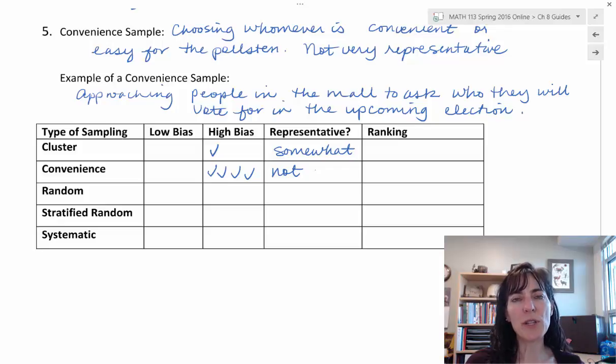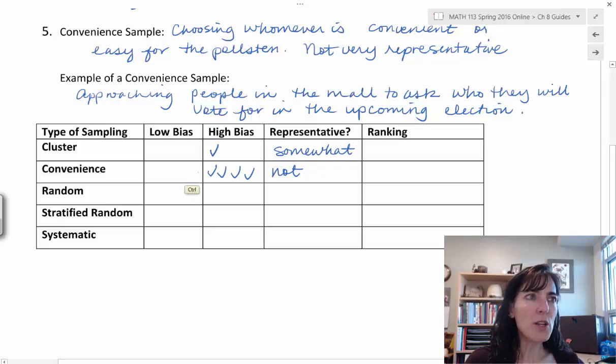The person taking the poll looks around and says, oh, I think that person will answer my questions, and whether they think it in the forefront of their brain or not, they're still doing that, being guided by their subconscious: that person looks like they might answer, I'll go talk to them. So they're heading towards certain types of people. So this one's going to be the very worst, so we'll give it a ranking of 5 and call that the worst.